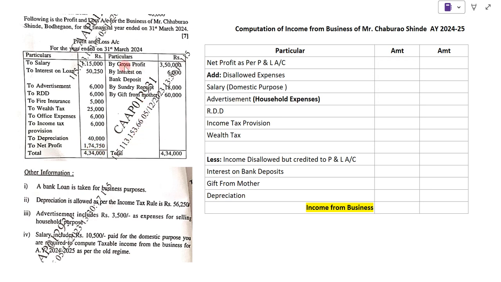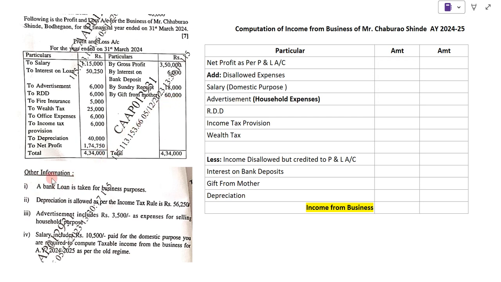To the credit side, gross profit 3,50,000, interest on bank deposit 6,000, sundry receipt 18,000, gift from mother 60,000.